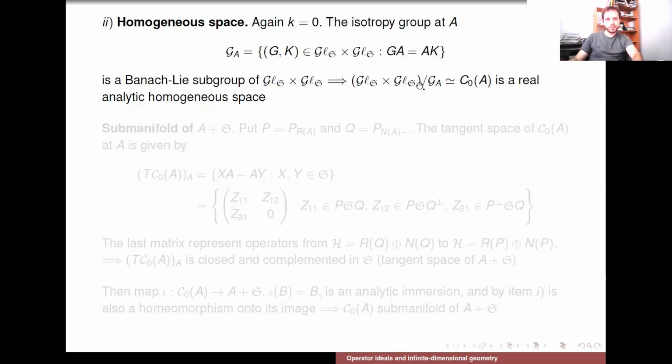This isotropy group is a Banach-Lie subgroup of the product group. So the orbits, which are in bijection with that quotient, turn out to be a real analytic homogeneous space.